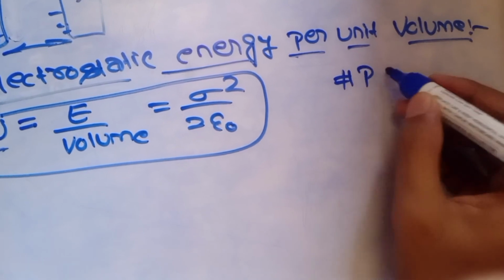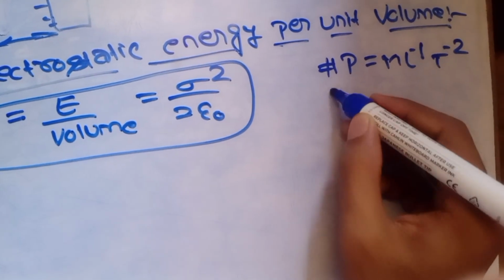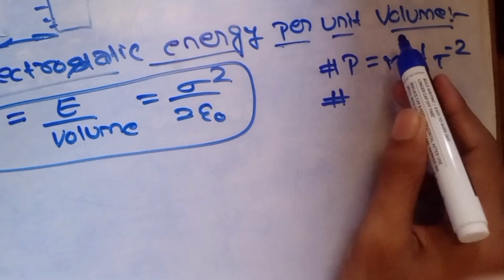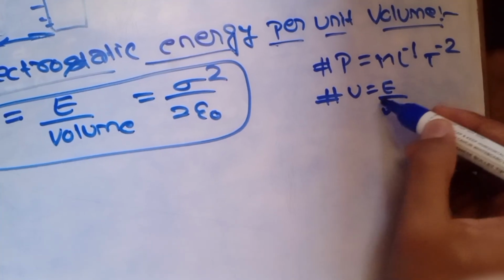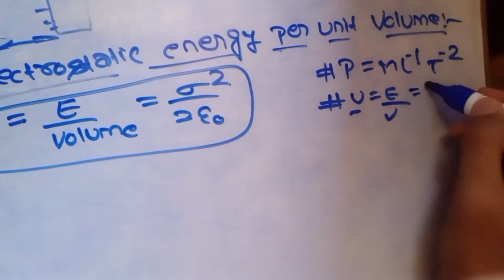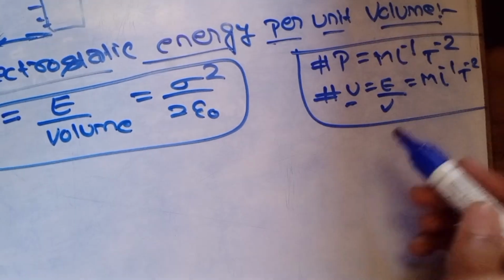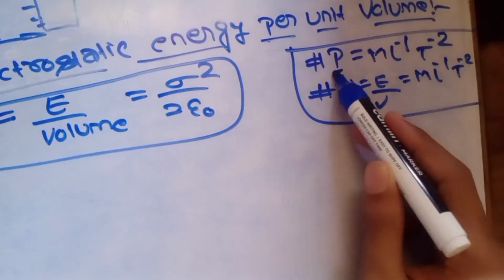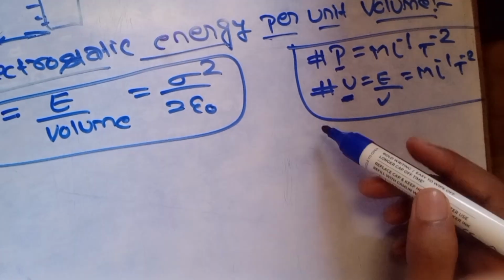The dimension of pressure is M L minus 1 T minus 2, and the dimension of electrostatic energy per unit volume is also the same. So by this we can understand that the formulas of pressure and electrostatic energy per unit volume are the same.